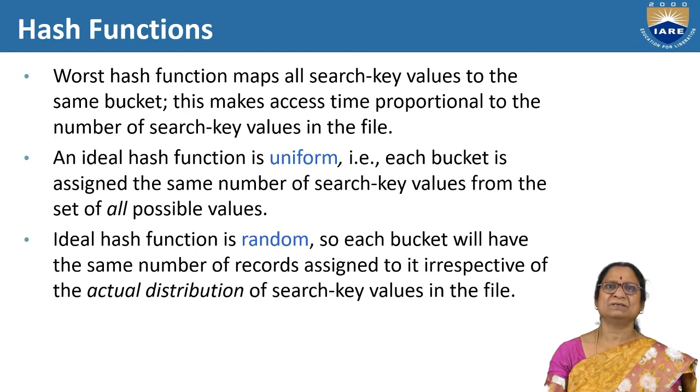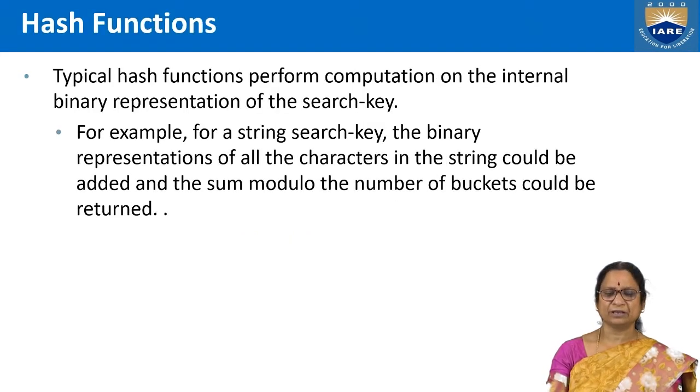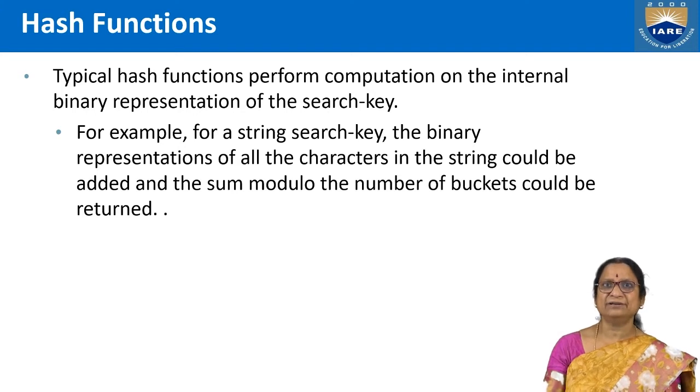Then generally it may be uniform also. The hash functions perform computations on the internal binary representation of the search keys. For example, if the search key is a string, then the binary representation of all characters in the string could be added, and some modulo of the number of buckets could be returned, which we discussed previously.